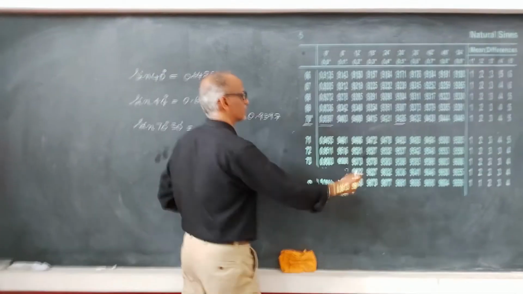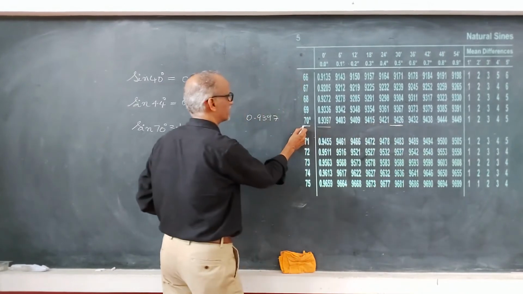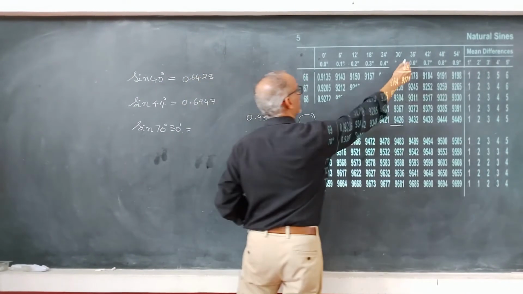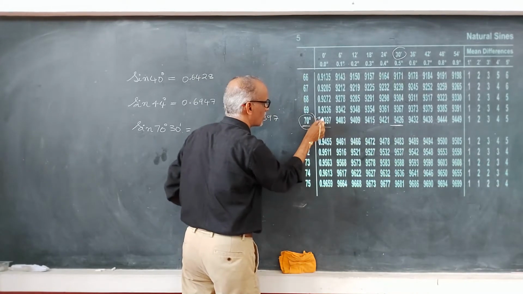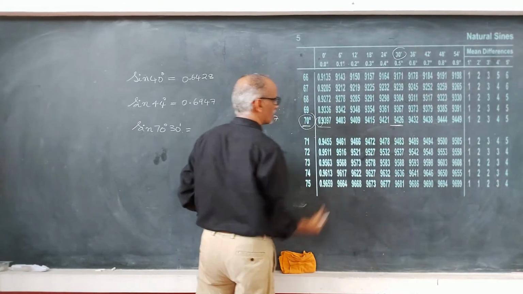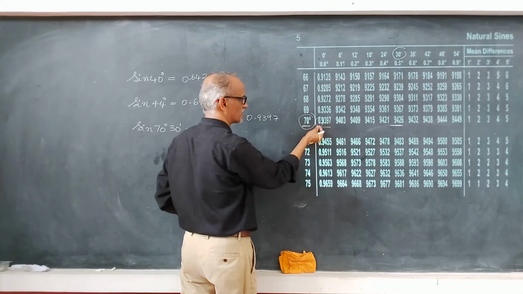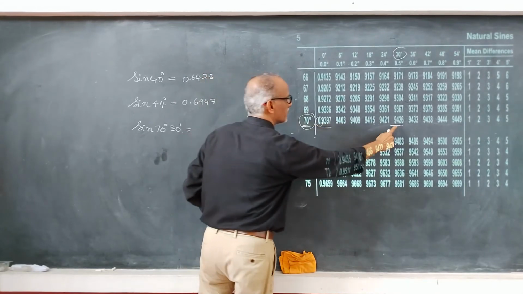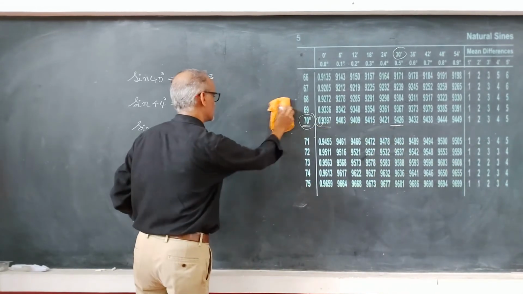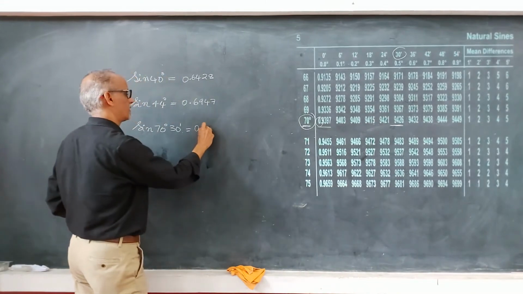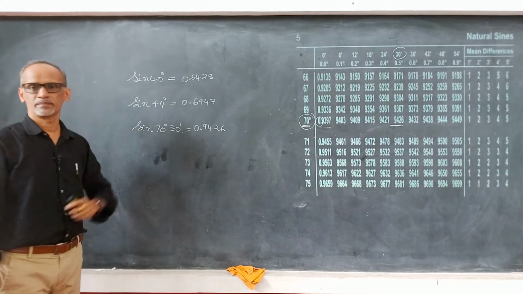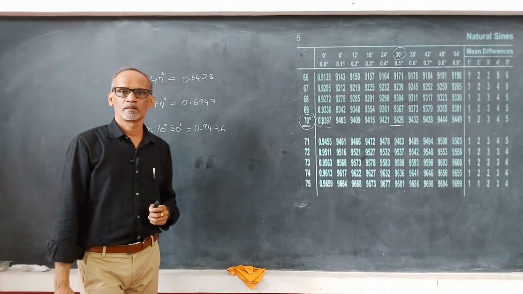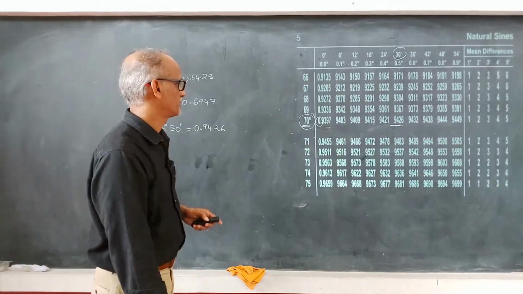So, that is why I have to use this data, 70 degree and 30 minutes. See, this 0 point is common for all, okay. They have not given it, but it is a common 0 point. So, 0.9426 is the value of sine 70 degree 30 minutes. Are you following, my dear students?